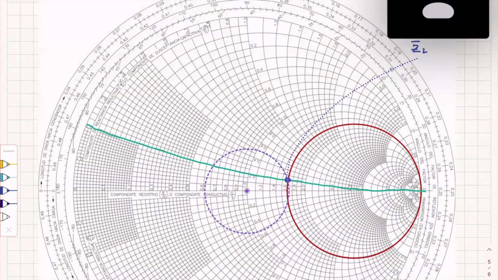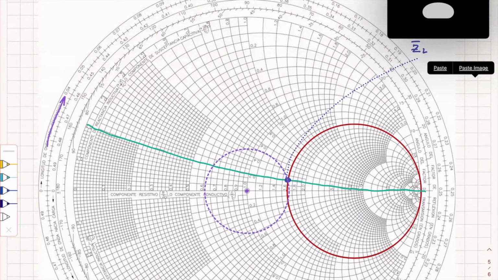To move from the load towards the source, we're moving in this way. So since ZL is the load, we have to move clockwise, and then we have to decide where we are going to stop. So the question is, where am I going to stop if I move clockwise?